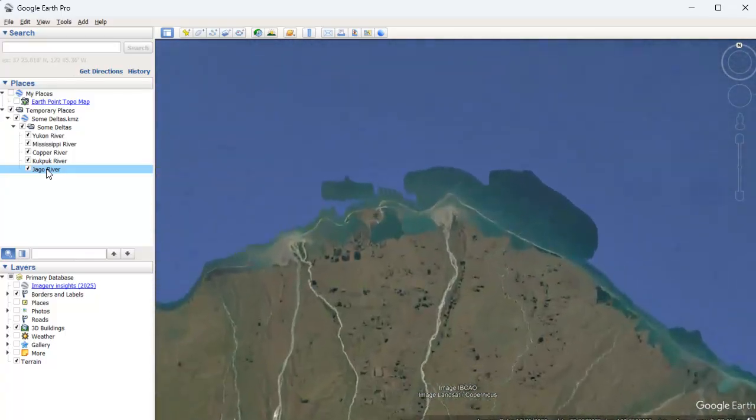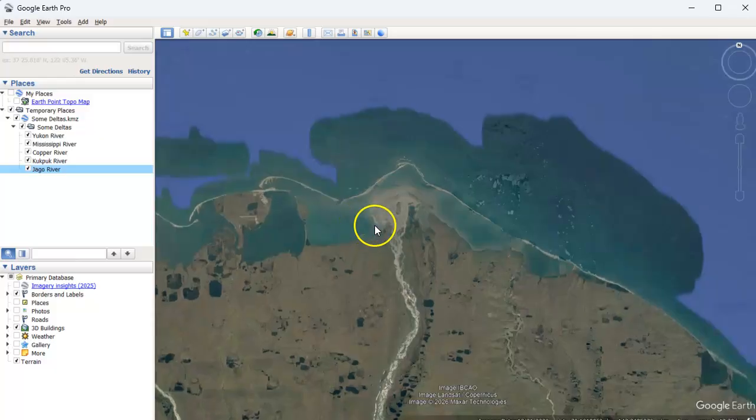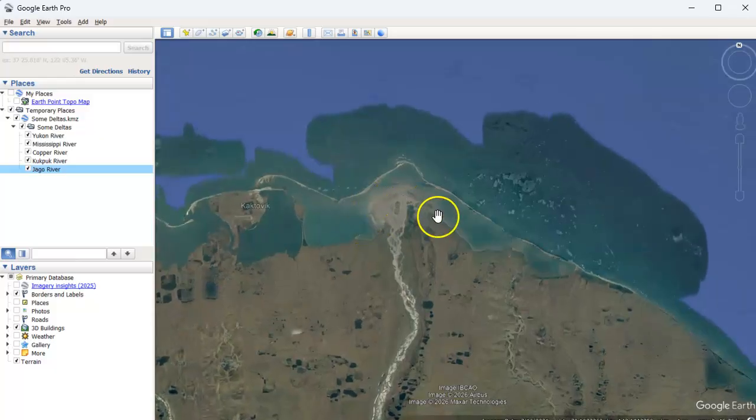And we can see something very similar to this in the Jago River, I think it might be called, where near Kaktovik we have these very prominent offshore bars that are created by coastal action, but are also produced by the rivers themselves. And in fact, the next thing we'll be talking about will be coastal action.